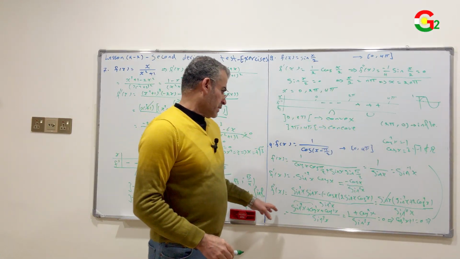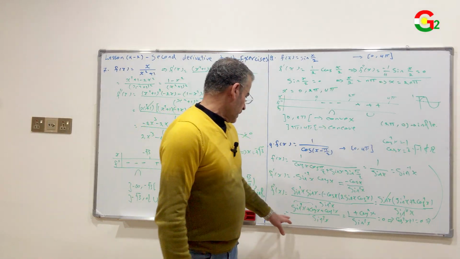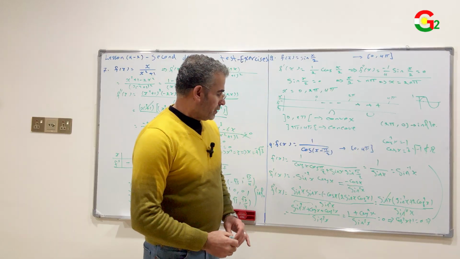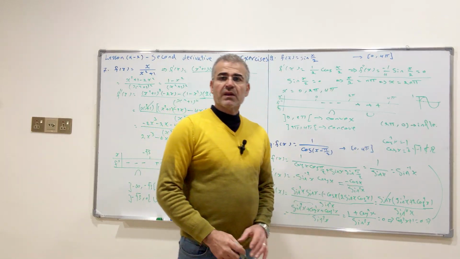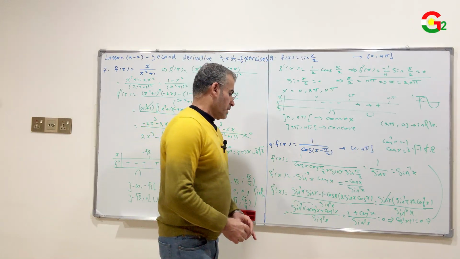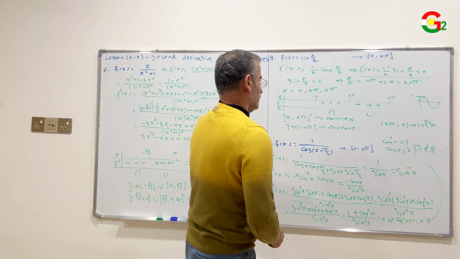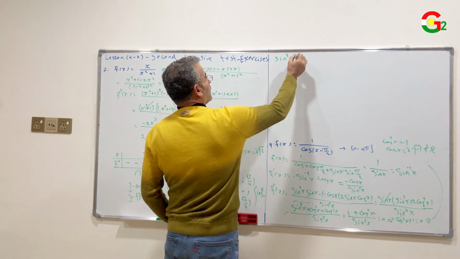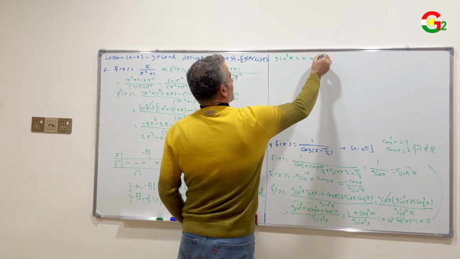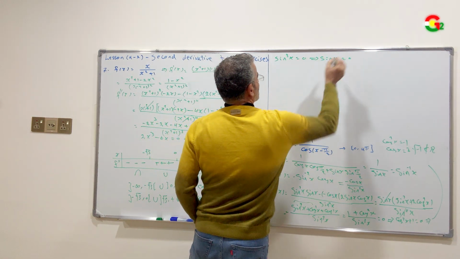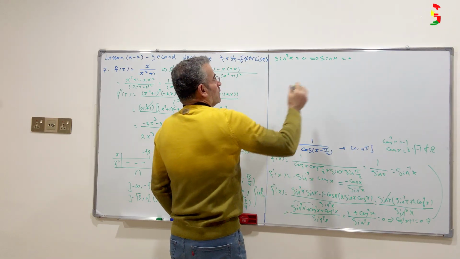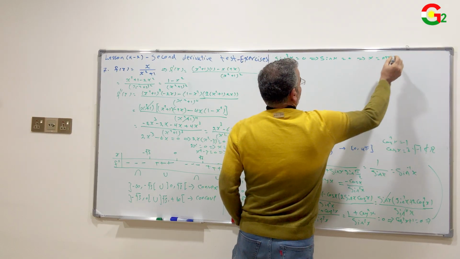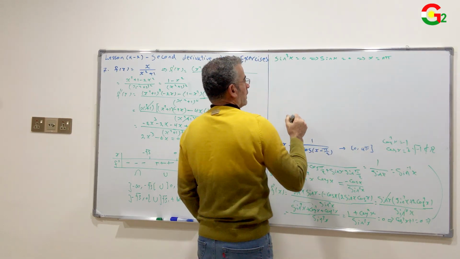But as you see, the second derivative is undefined at the value that makes the sine 0. Therefore, set sine cube x equals 0, then sine x equal 0. Then x equal to n pi, where n is an integer.